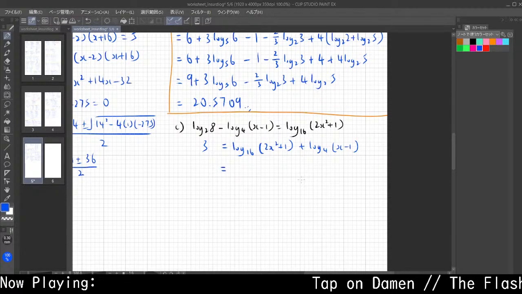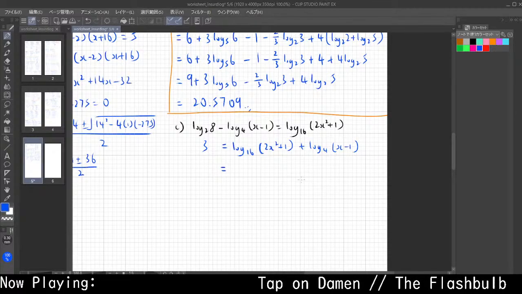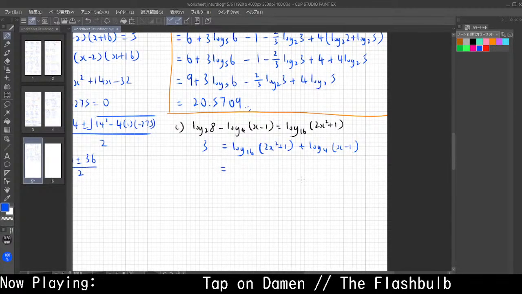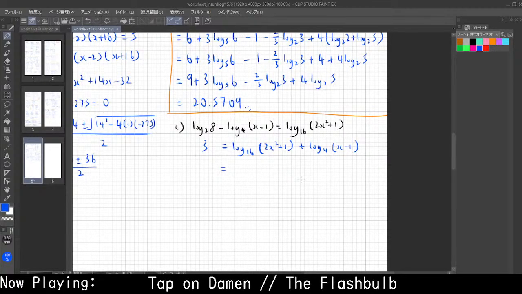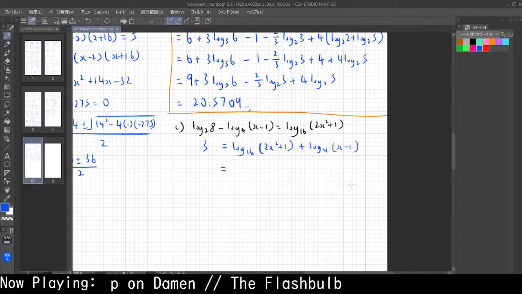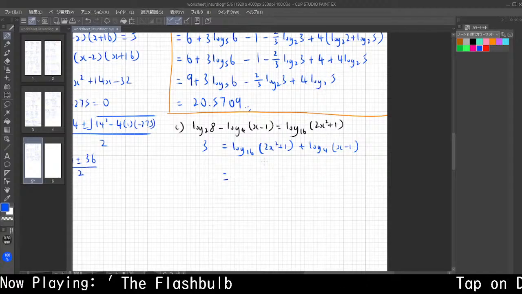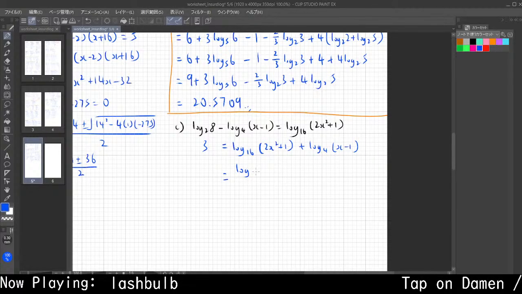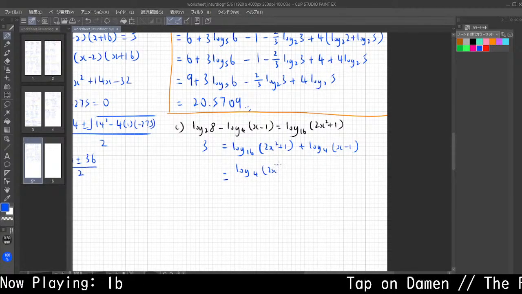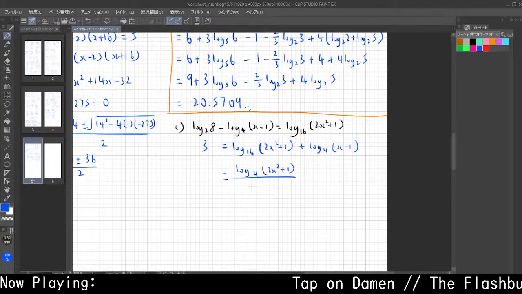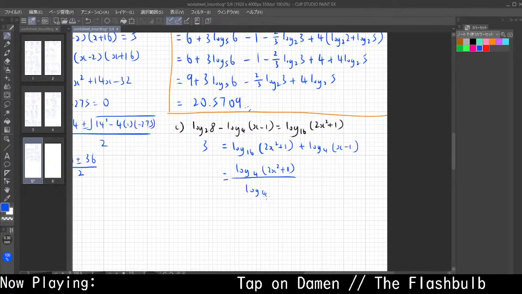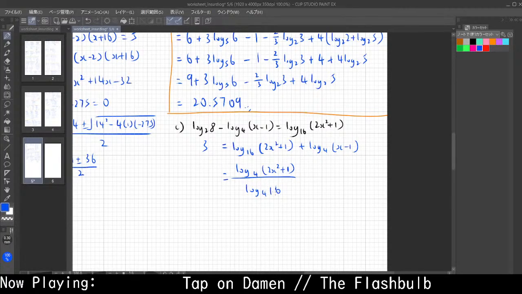Well, log 16, log 4, not the same log. What you want to do is change base. You can change to 4. Obviously, you can change to 4. So you get log base 4 of 2 to the x squared plus 1 over log base 4 of 16.